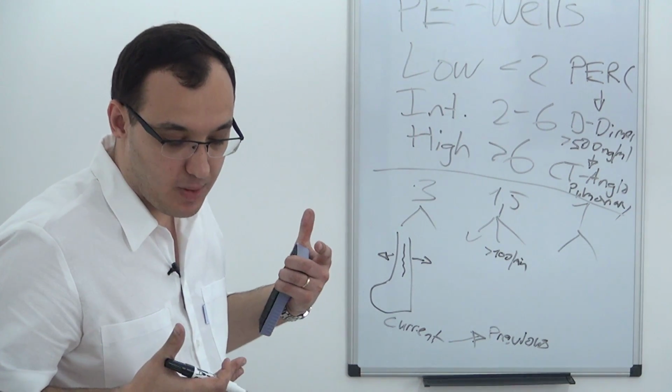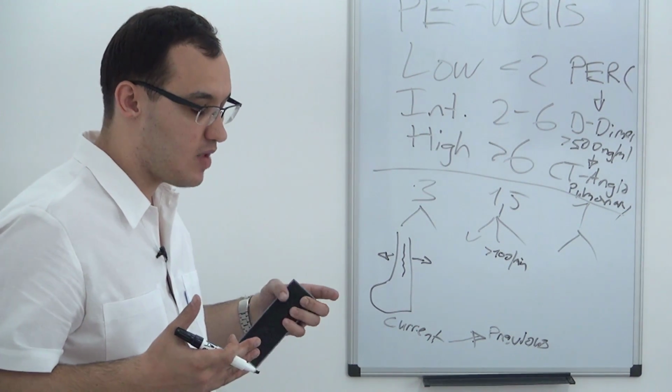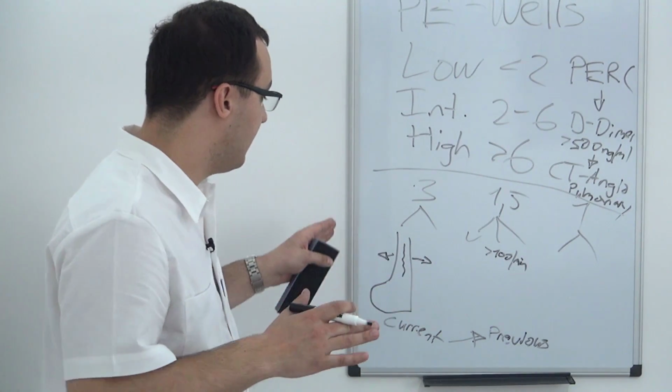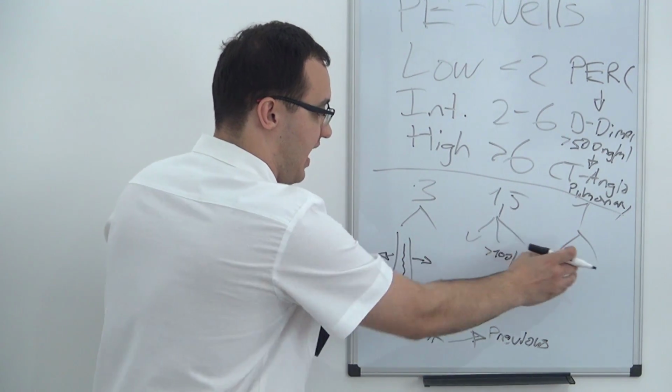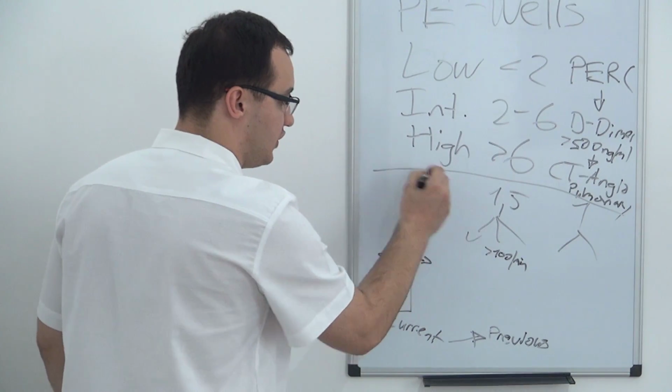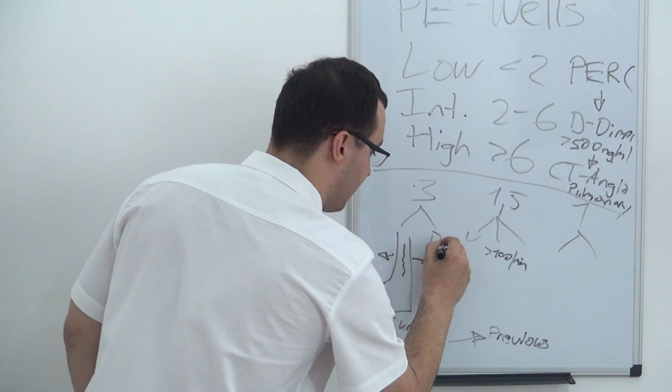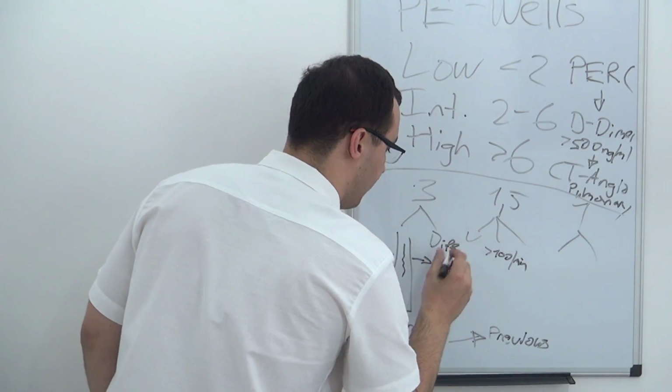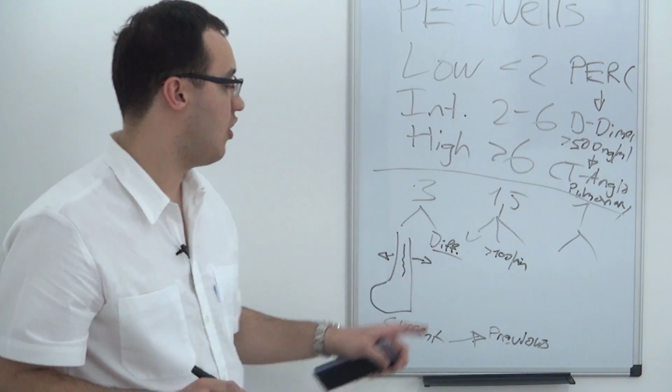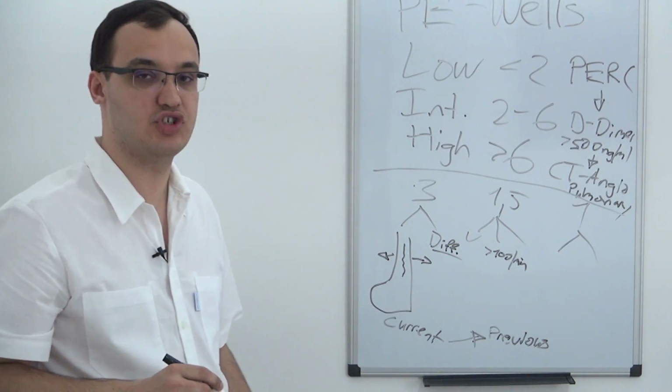So we have many things that need to be considered. And these are the quickest to ask. Because here, 3 points can also be given for the patient for which I write diff, which means differential diagnosis.